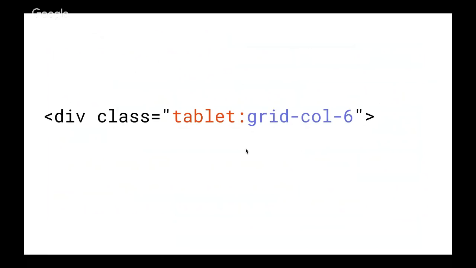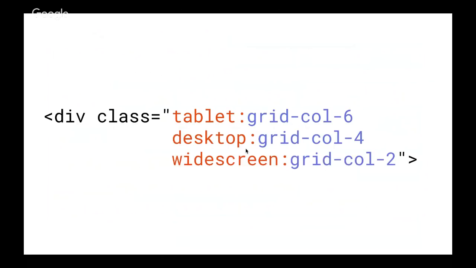So that's a little bit of functionality that we've built in. The only thing you have to worry about is how many columns you want at the larger sizes, and everything below that will be taken care of for you. But if you want to override that, you're more than welcome to, just by using the regular grid-col class. So if you want a different breakpoint at desktop or widescreen, this is how you do it.